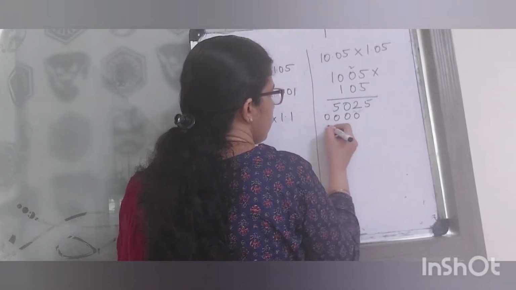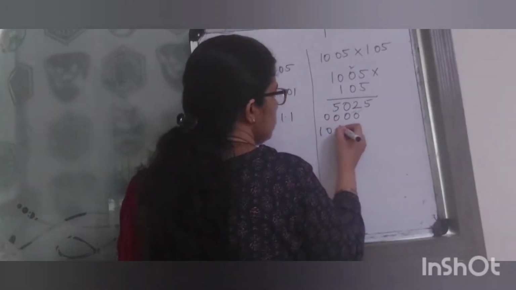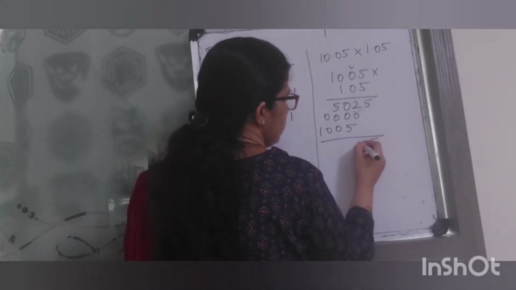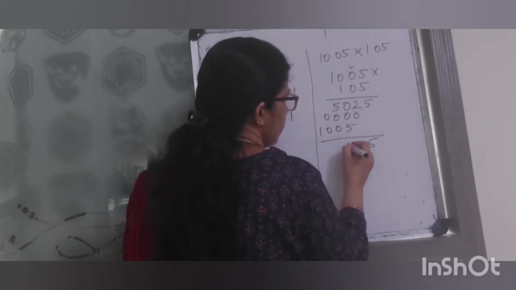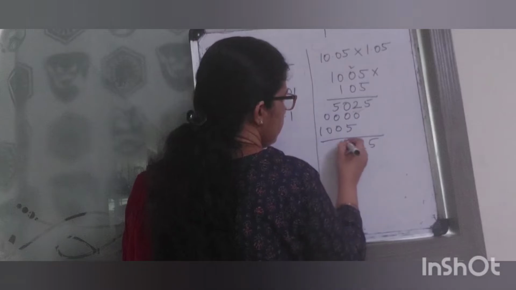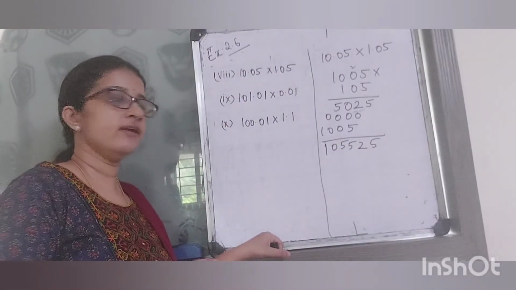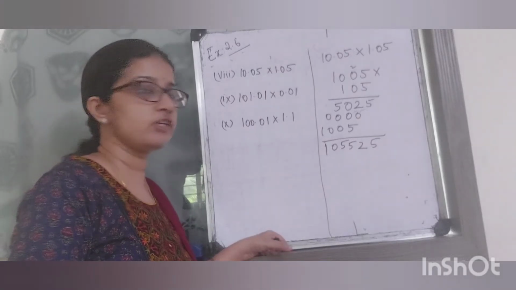Now 1 0 0 5. Okay, so 5 2 5 5 0 1. This is the answer.